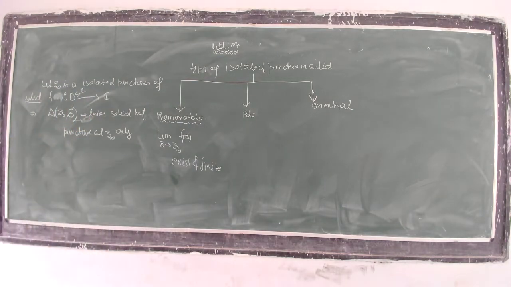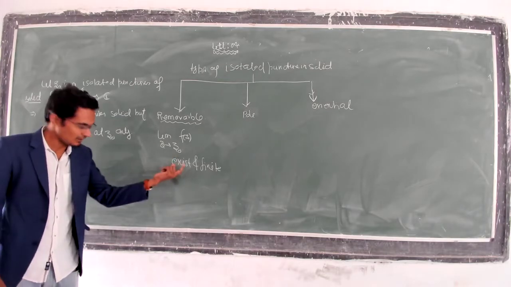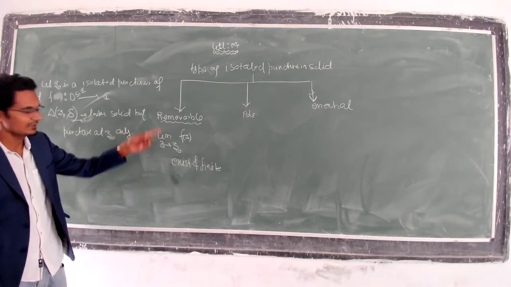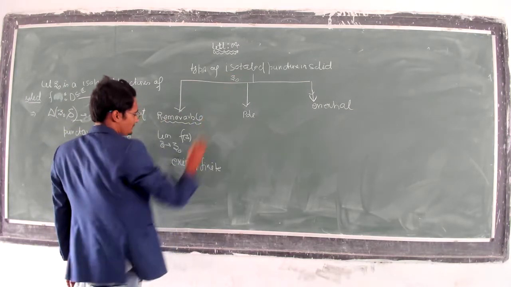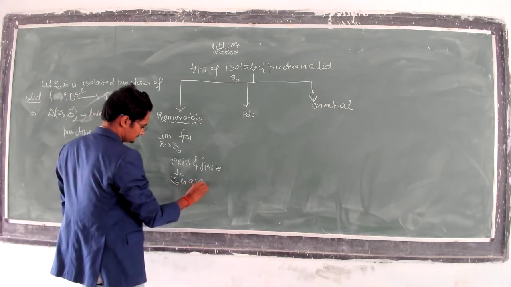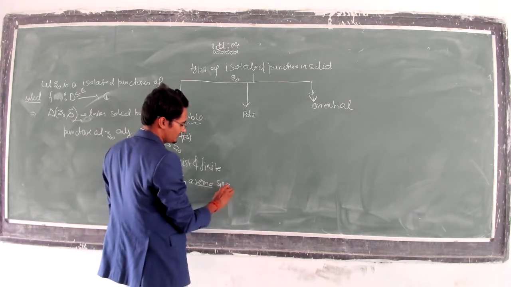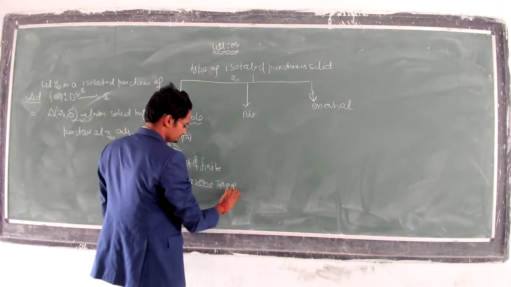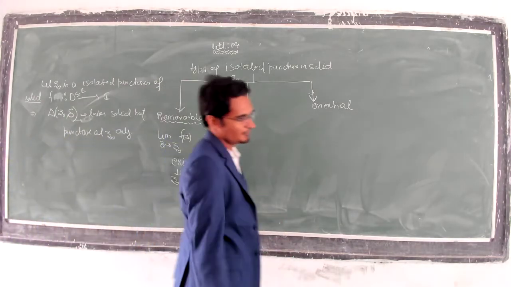If the limit exists and is finite, and also the function has a puncture at Z naught, then Z naught will be a removable singularity. Singularity or puncture, both are the same thing.